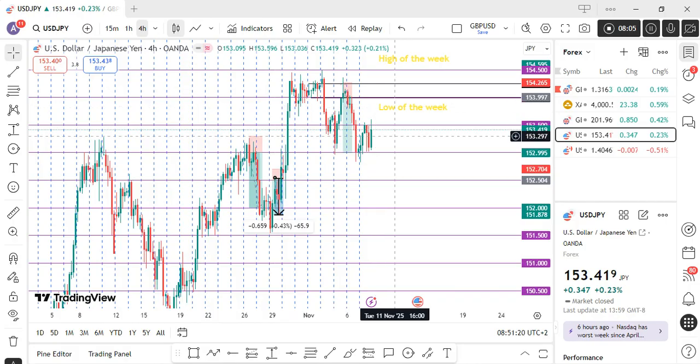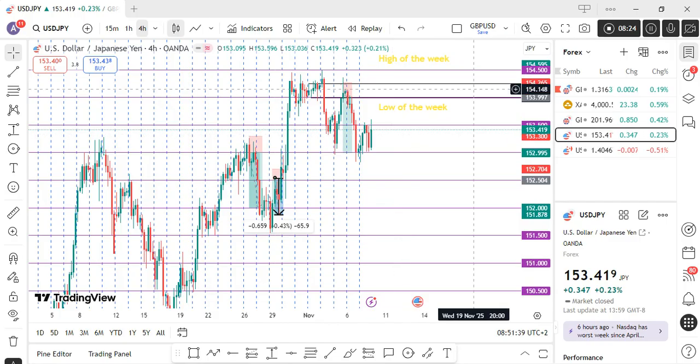And then here is another 50 pip movement, that is 150 pip movement. So on USDJPY from the week that just closed, market did 150 pip movement on the sell side. Market did 150 pip movement after marking the high and low of the week.